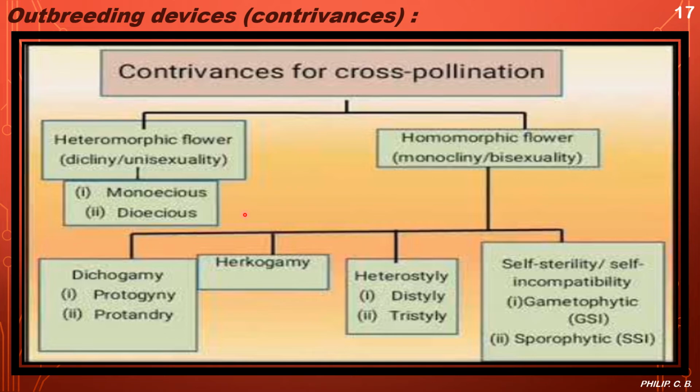These terms you have already come across, whereas homomorphic is dichogamy, again protogamy or protandry, hercogamy, heterostyly, again two types, distyly and tristyly, and the fourth type, self-sterility or self-incompatibility. In that there are two types, gametophytic, that is GSI, or sporophytic, that is SSI. What is SSI? Sporophytic self-incompatibility, or gametophytic self-incompatibility, GSI.